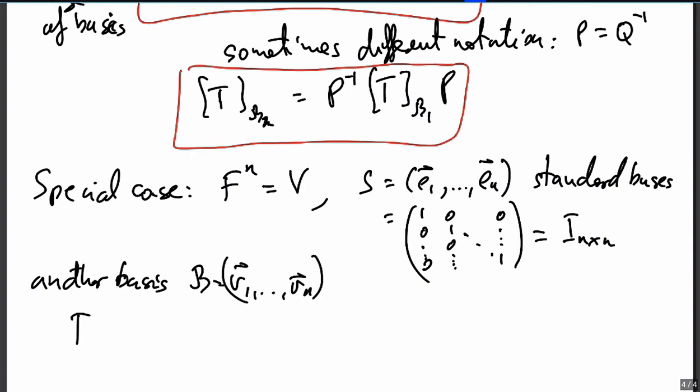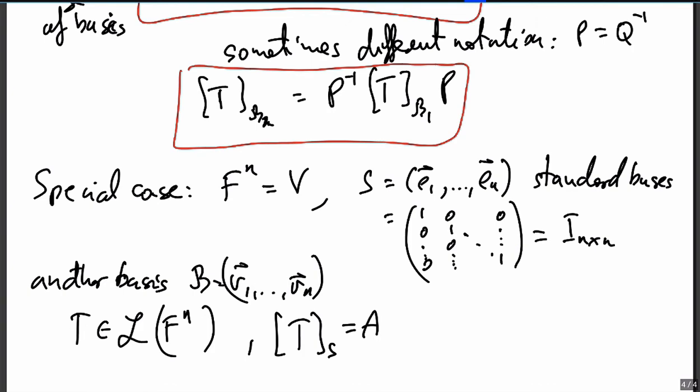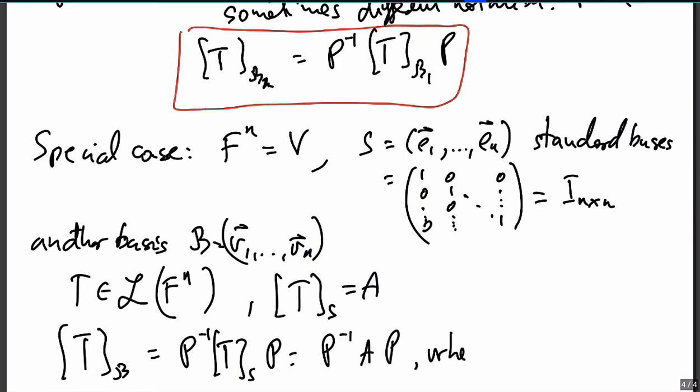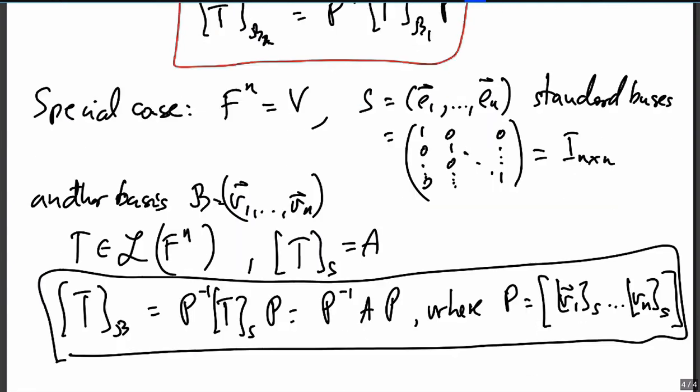And you have T, a linear transformation from F^n to F^n, with the standard basis representation of T being a matrix A. Then again we get the B representation using the general formula: P inverse, the standard representation, times P, which is P inverse A P. There is nothing new here. The only new thing is that what you're going to get for P is the matrix with the columns V1 in the standard basis through Vn in the standard basis.